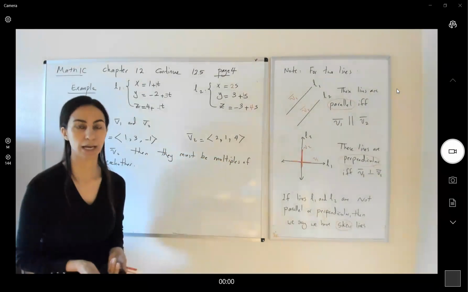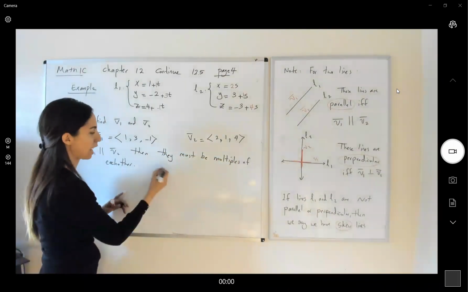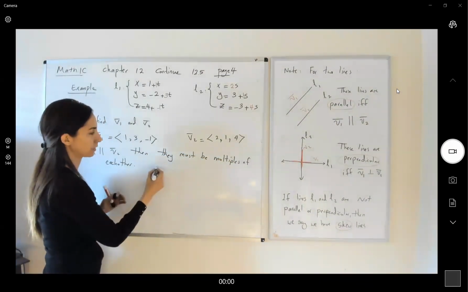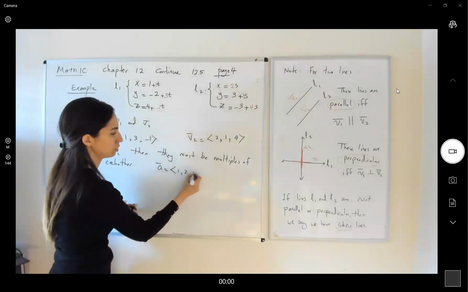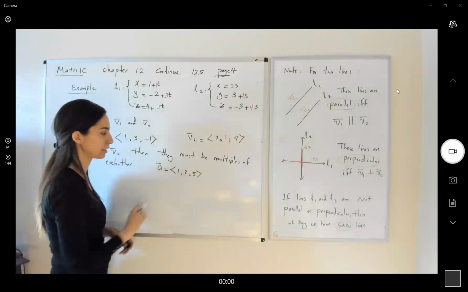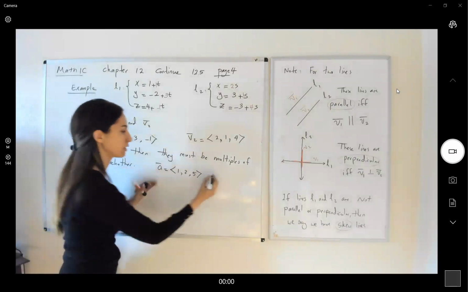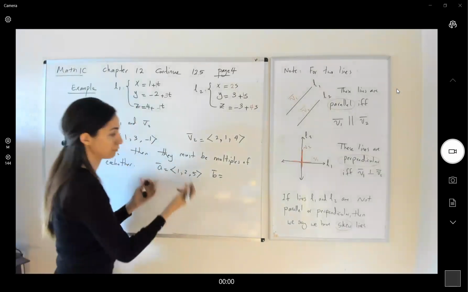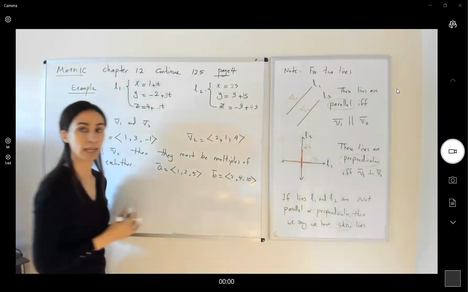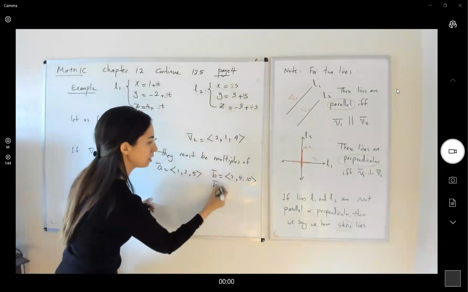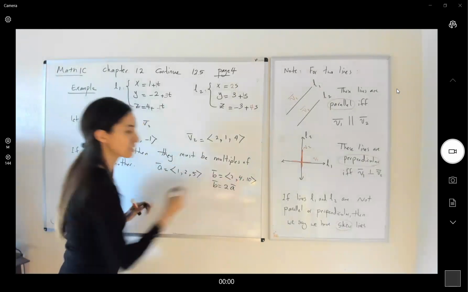What do I mean by that? For example, if you have the first vector A as 1, 2, 5, the second vector, which is parallel to this vector, B, is going to be, for example, 2, 4, and 10. It means that B is equal to 2 times A.